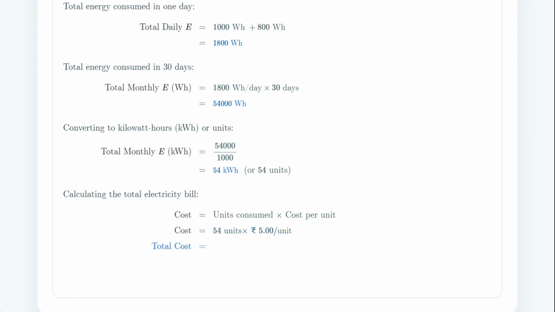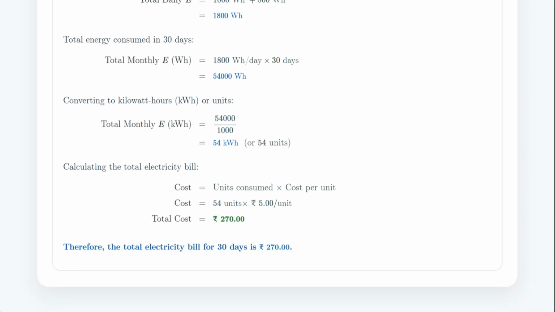Multiplying 54 by 5 gives us 270 rupees. So, the total electricity bill for this house for 30 days will be exactly 270 rupees. Isn't it great to know how your home's bill is calculated?